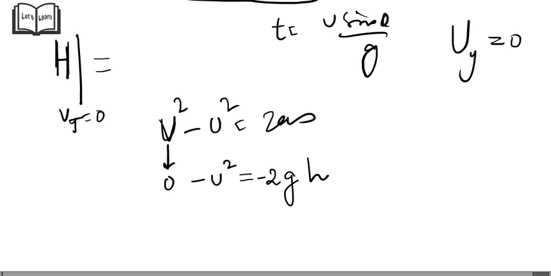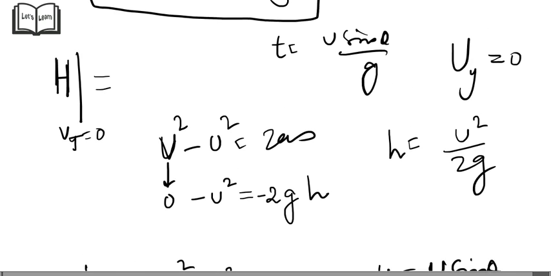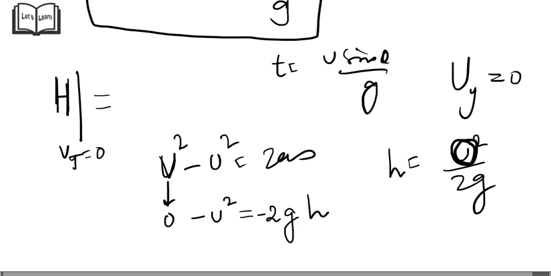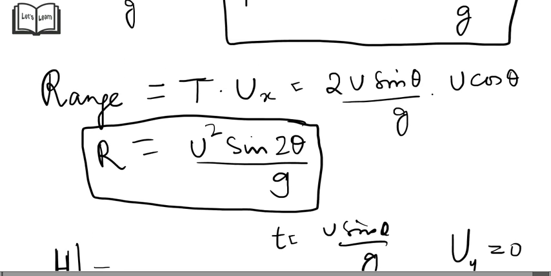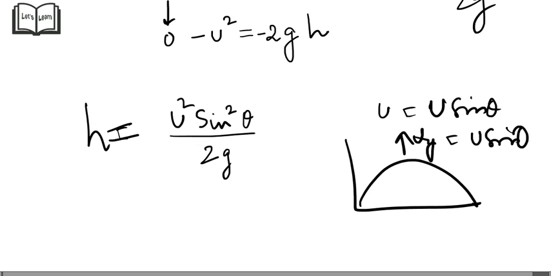So h is u square by 2g, or h is u sin square theta by 2g, because here u is u sin theta. This is u sin theta, because we are considering only the vertical part of the motion. We are considering uy, and uy was u sin theta.